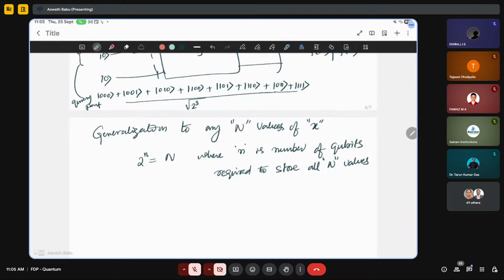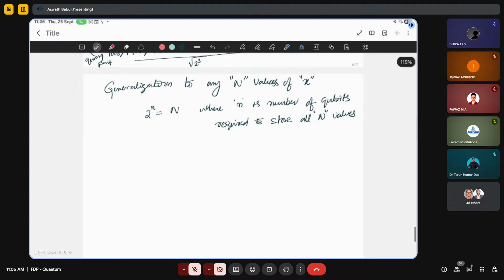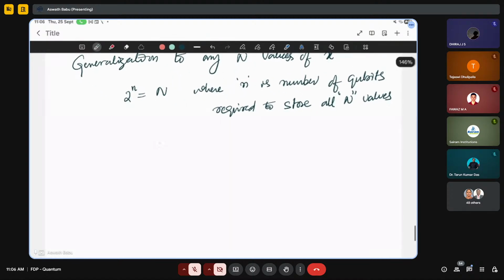So if there are 8 values, 3 qubits are required. If there are 16 values, 4 qubits are required. So in this case, I'll have a very large unitary gate where several Hadamards act on several zeros. I will write this in short as input states in n tensor.